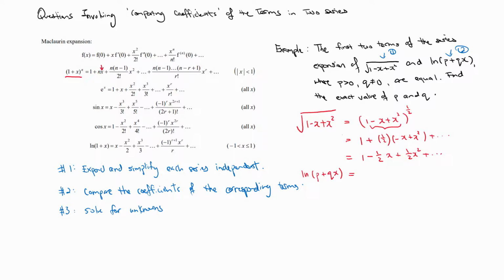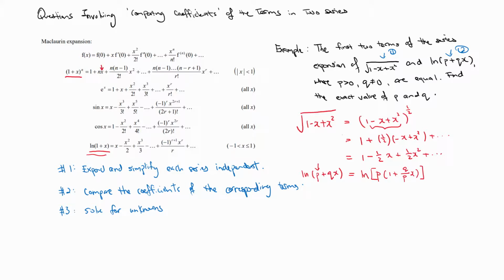Now, for this expansion, look at the formula sheet. For the ln, we must have it in this format, ln bracket 1 plus x. But we realize that we have a p, right? So in order to get ln(p + qx) into the required format, we need to pull out the p. And that gives us p times bracket 1 plus q over p x, close bracket.